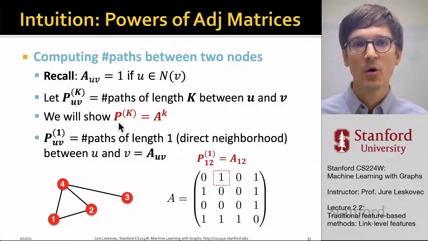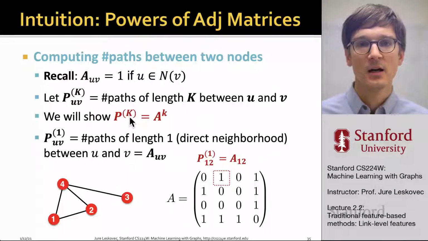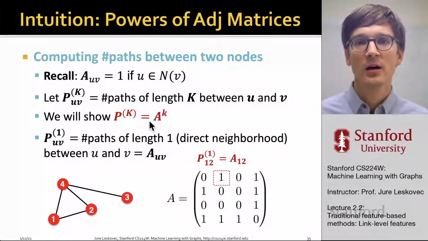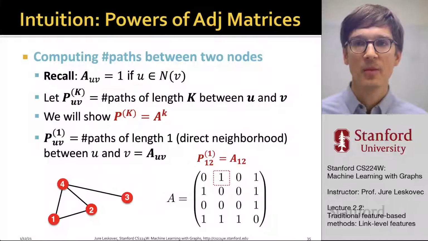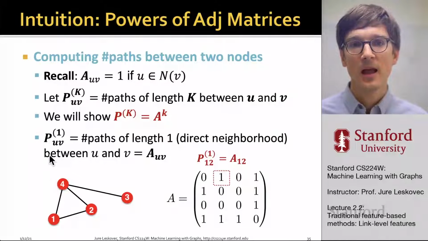Our goal is to show that if we are interested in the number of paths of length k, then we have to compute A to the power of k, and that entry uv will tell us the number of paths. The capital K here is the same as small k. So the kth power of A measures the number of paths of a given length. And how many paths of length 1 are there between a pair of nodes? That is exactly captured by the graph adjacency matrix.